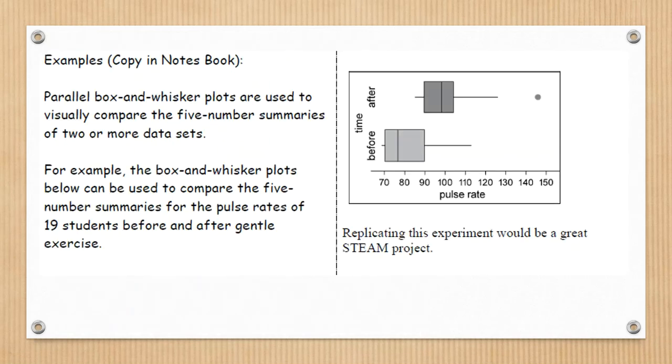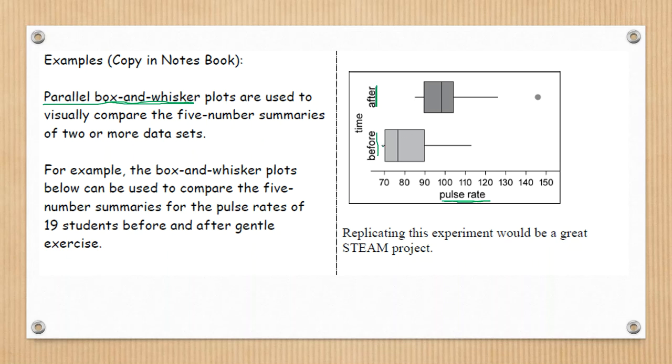Today's work. Parallel box and whisker plots. So we use these to compare data sets. So for this example, we have pulse rates before exercise and after exercise.